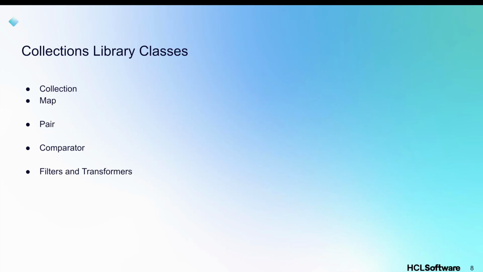We have filters and we have transformers, meaning we have collection filters and collection transformers, and we have map filters and map transformers. Well, what are those? A filter is something that we use to filter elements in either a collection or a map, and they're separate, so there's not just a filter.